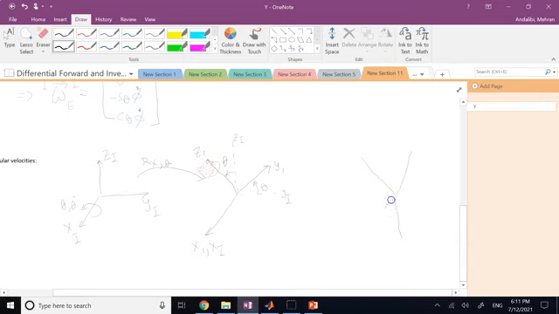So if this is the original x, and this is the original y, this y rotates to the ye with angle phi, and the original x1 also rotates with phi to this guy, which is xe.